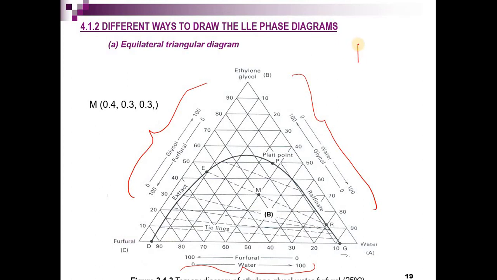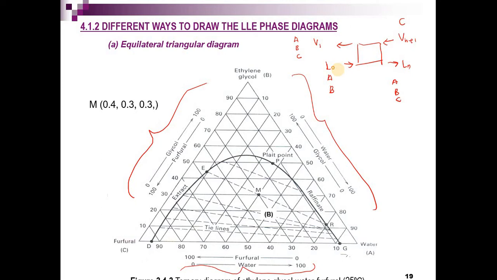So let's say I have a feed with component A and B. Here I have components A, B, C. This one is the solvent, so usually I have component C, and here is the extract, I have A, B, and C. So you can see that at least I have 3 components in this LLE system.